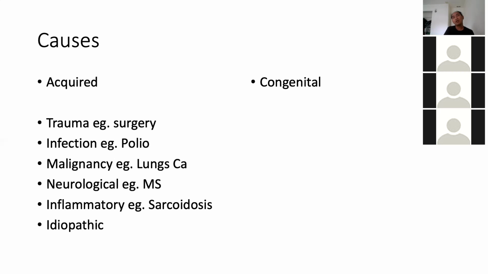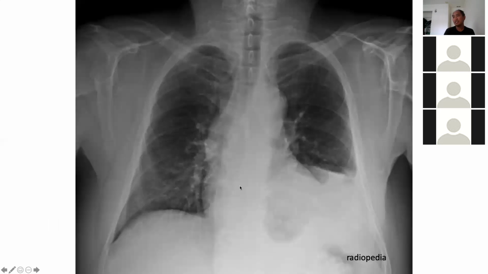This person gets hemiparalysis of the diaphragm. Why? Because of the viral infection to the phrenic nerve. Malignancy, cancer. If you see one side is raised, you worry about the phrenic nerve, and you have to look for any malignant lesion somewhere around here in the neck or in the chest.